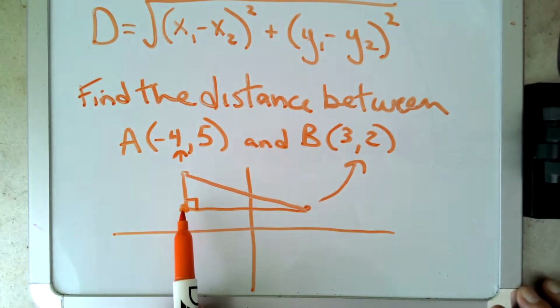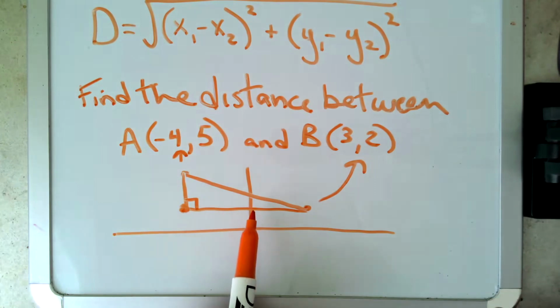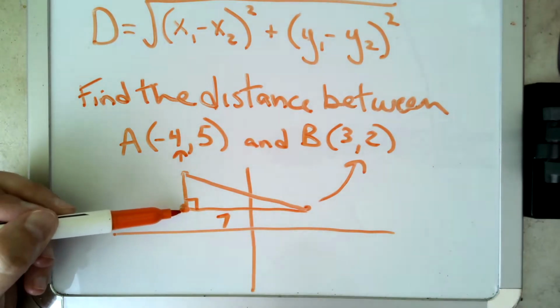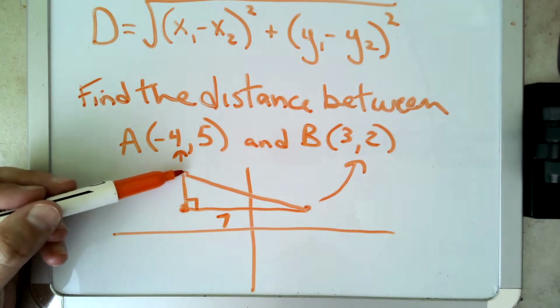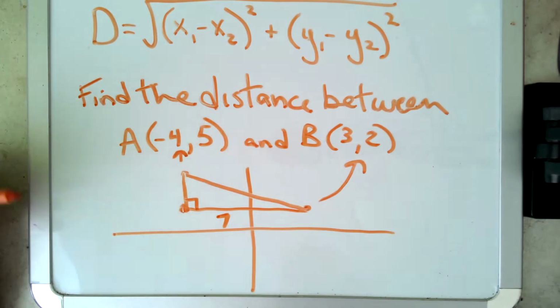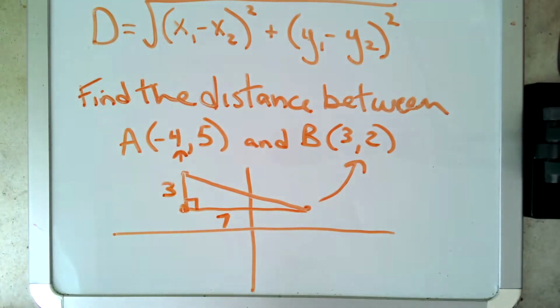From here, -4, and then continuing on another 3, this length right here would be a total of 7. And from here, 2, up to here, 5, this would be a distance of 3.